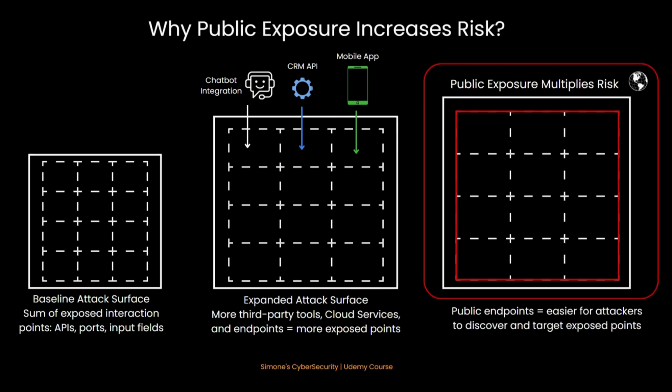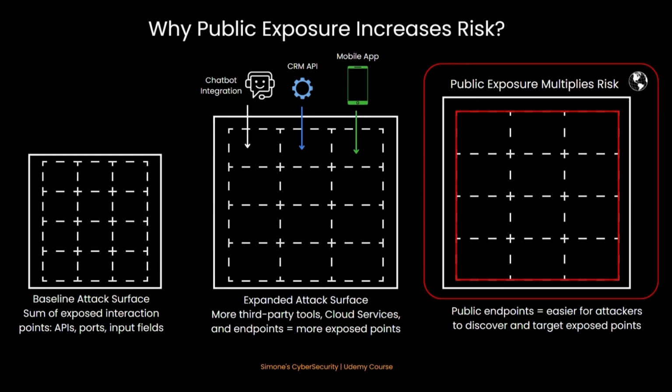Now, in the previous slide, we saw how the attack surface expands as systems integrate with mobile apps, chatbots, APIs, and third-party platforms. But here's the next step in that evolution. Many of these components aren't just integrated, they are also publicly exposed. Why? Because business needs often demand it. Organizations want users to access services from everywhere.